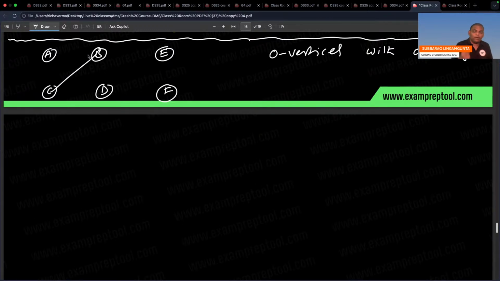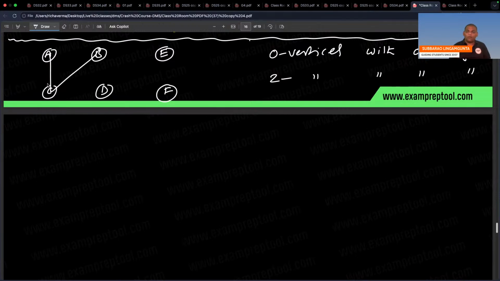Now say this one. One edge I have written. C has degree 1, B also has degree 1. Now if you observe, 2 vertices with odd degree. Now I will add one more edge. Previously it was degree 1, now it became degree 2, not odd, but A became odd degree.